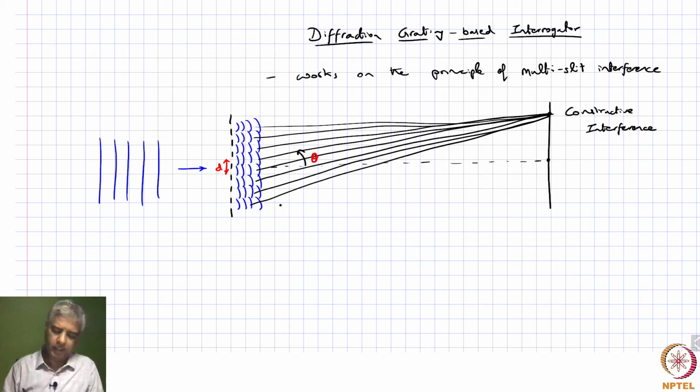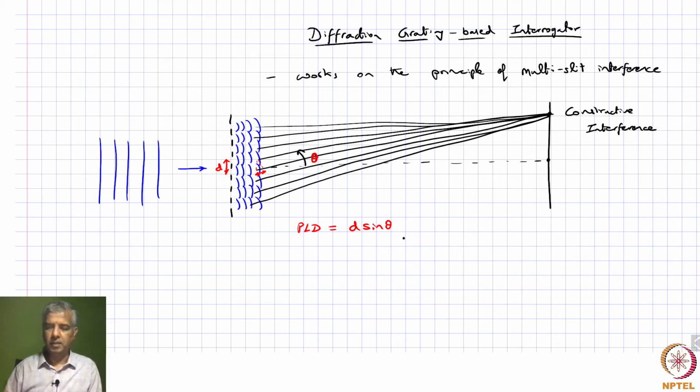Then you can look at the path length difference between two consecutive paths. You can define a triangle and drop a perpendicular from here, and this corresponds to that path length difference. If this is theta, this is theta, then that path length difference will correspond to d times sin theta.